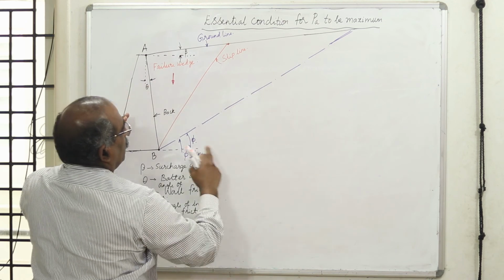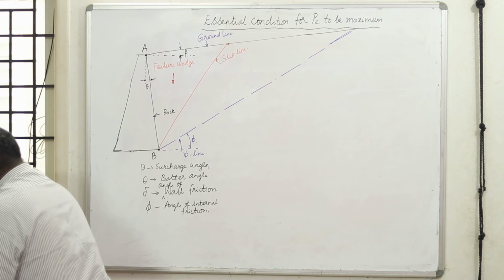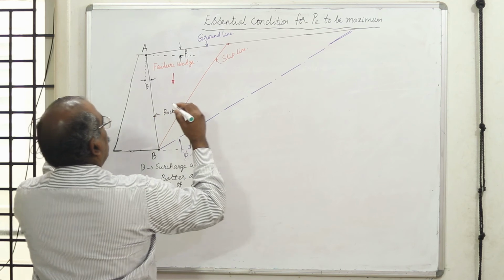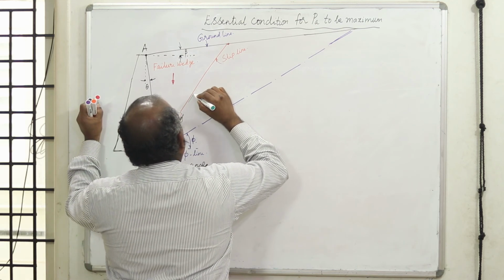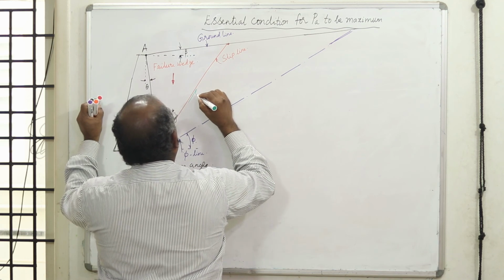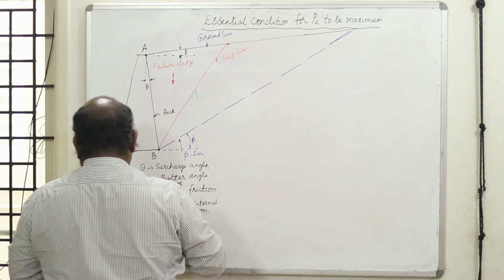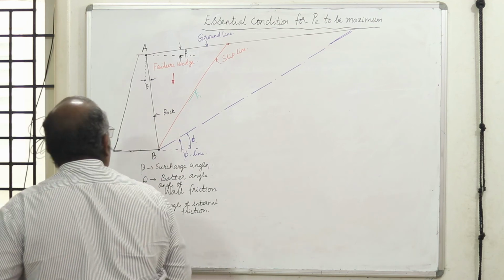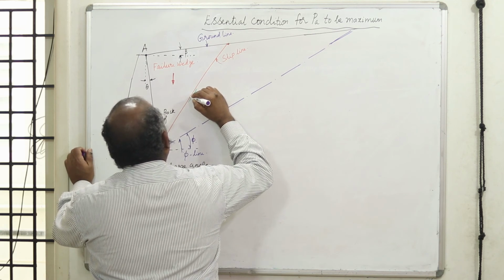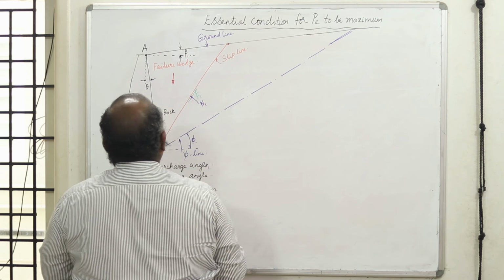Okay, this is the backfill. Now there will be a sliding force because the retaining wall is moving. Now there will be a thrust on the retaining wall. This will be a frictional force F1. There will be a normal reaction N1.